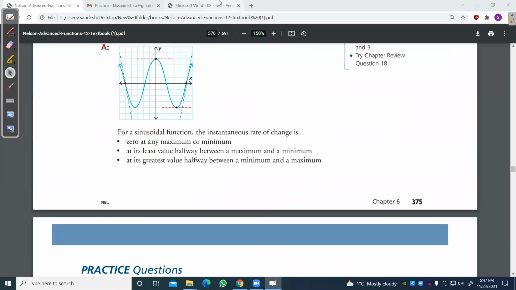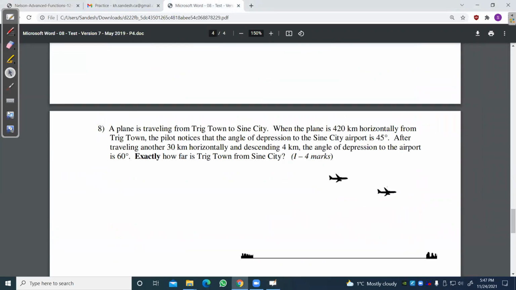Wasn't that bad. There was a question here, this one.